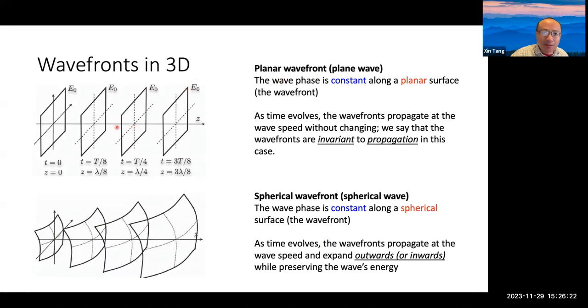For the plane wave, at different time points and different spatial locations, the wave propagates in the same direction and remains in the same phase. For the spherical wave, the phase of the light remains the same on the spherical surface, and as they propagate, the occupied volume becomes larger and larger. These are different image representations of the same ideas.